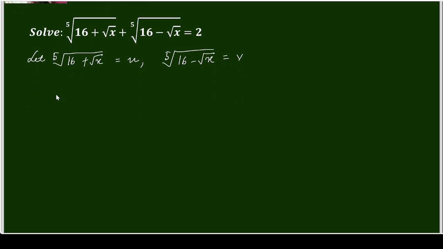Then we get u plus v equals 2, equation 1.